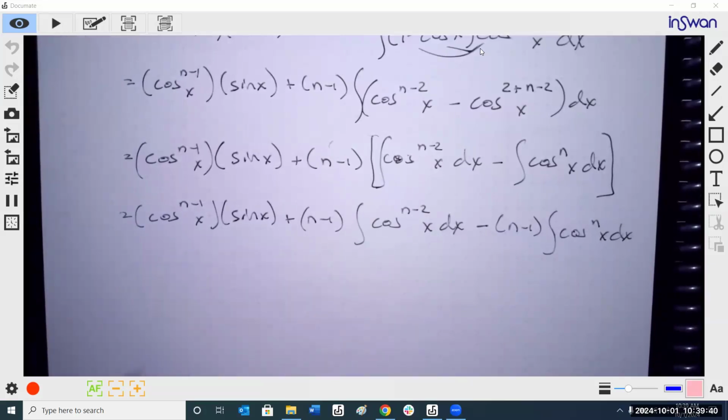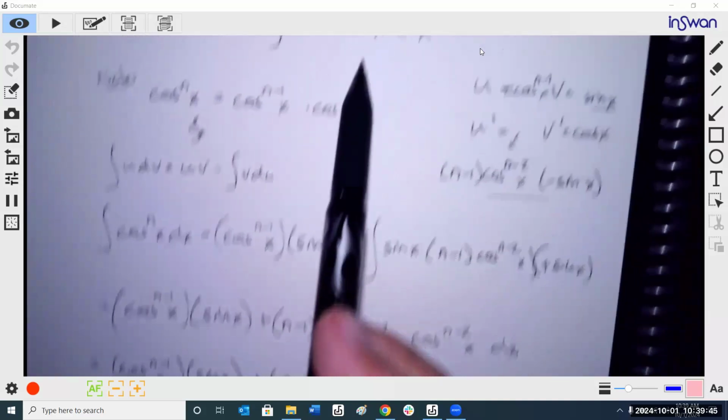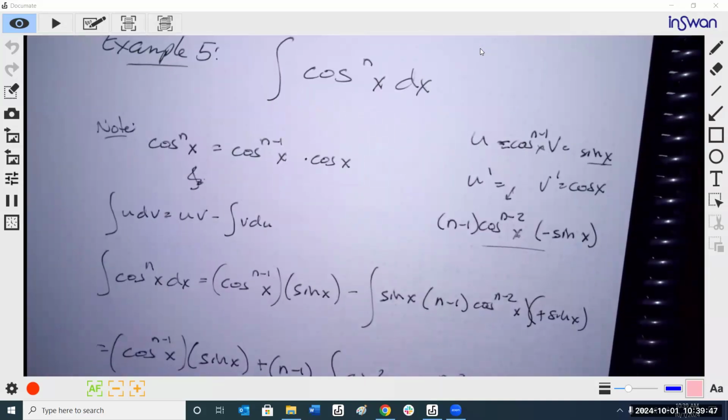So we see on this part, it looks like we started off, it equals the left side.